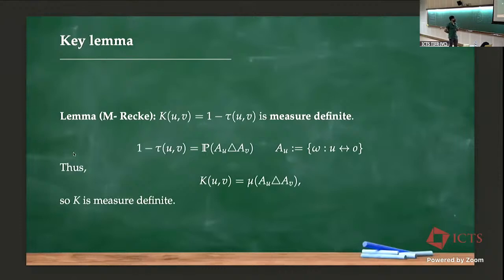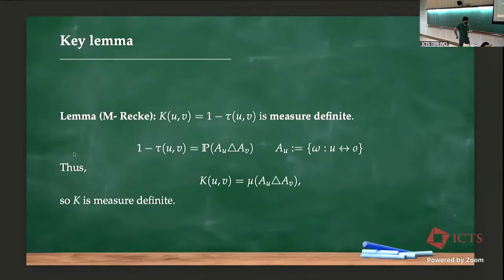You can write 1 minus tau as the probability of the symmetric difference of two sets. The sets are built from percolation: it's the set of all omega such that u is connected to the root. If you look at the symmetric difference, I take mu to be the law of this A of u, and that allows you to see that 1 minus tau has to be measure definite.